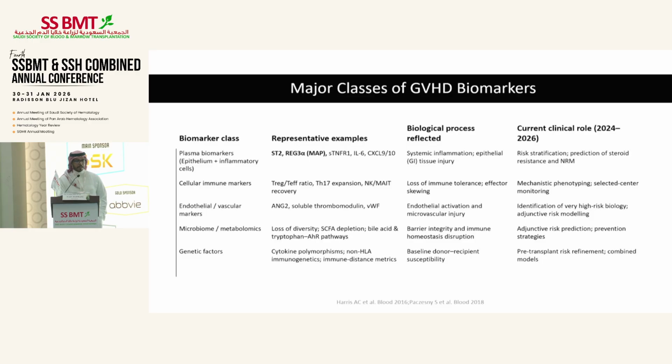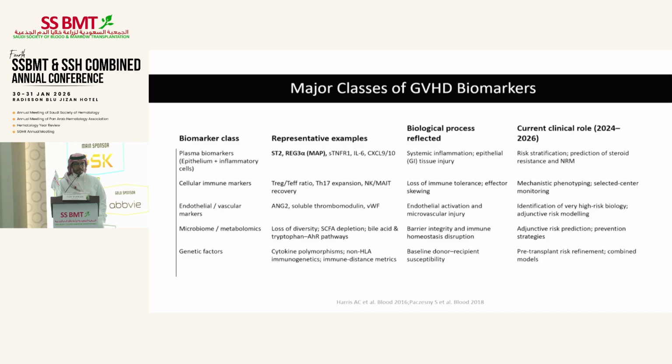The second major class is the cellular immune markers, which reflect the loss of immune tolerance in GVHD and the effector skewing. One example is the Treg to Tcon ratio. As you know, in GVHD, we have this ratio disrupted.